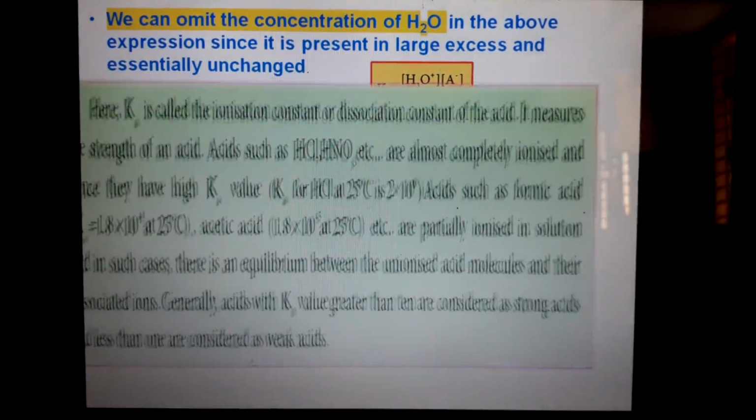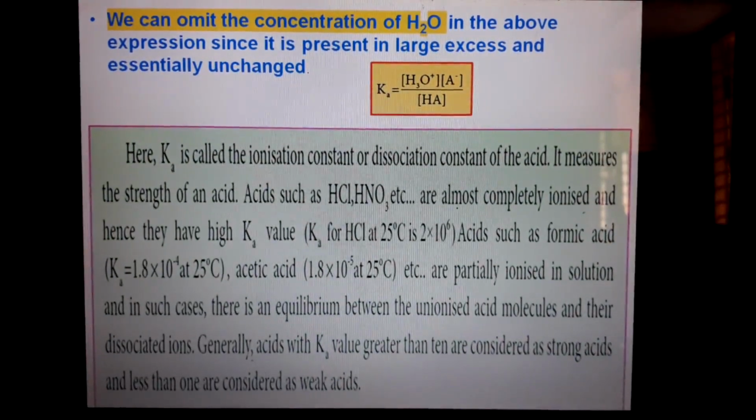Next, Ka is the ionization constant or dissociation constant of the acid. Okay, underline it. What is Ka? It measures the strength of the acid. Acids such as hydrochloric acid and nitric acid are almost completely ionized, and hence they have a high Ka value.